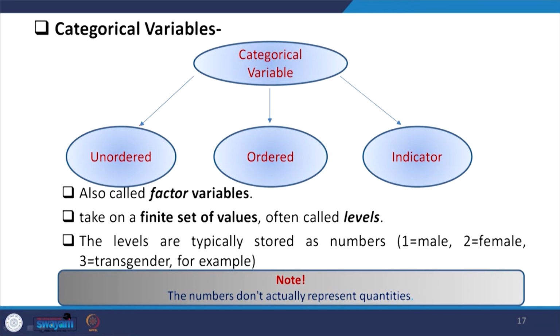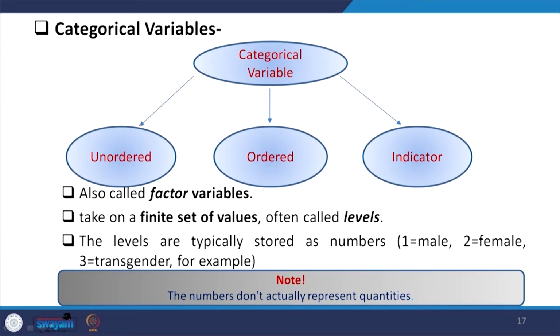The labels are typically stored as numbers, basically labeled, sometimes with 1 or 2 for gender, male and female, or 3 for transgender. In our data we are including all; the National Sample Survey has already included transgender for your clarity. So, 3 is already there, you may operate with that or with another one.